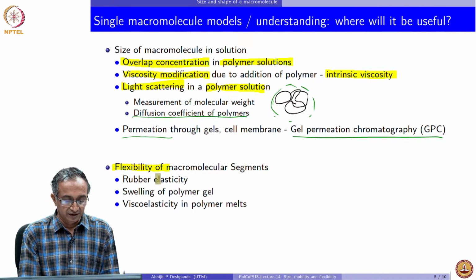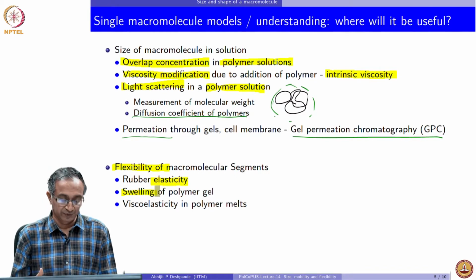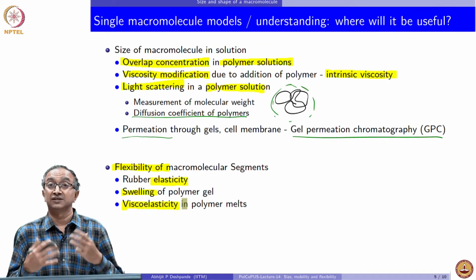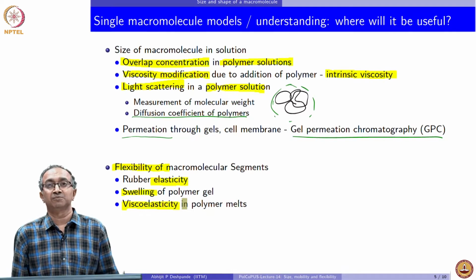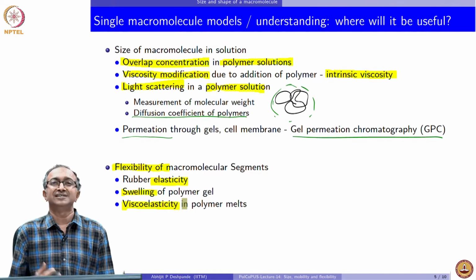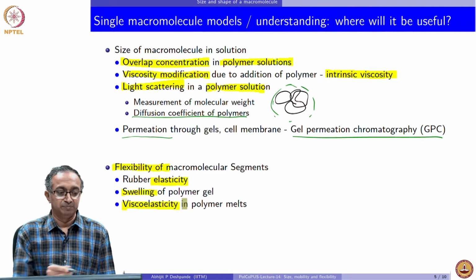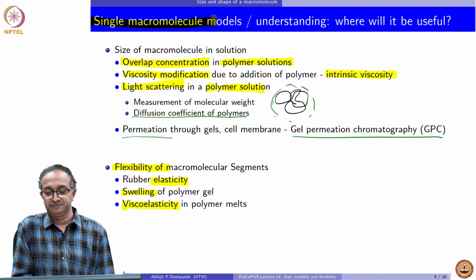So therefore, mechanical properties, properties of how much a cross-linked polymer can swell, how much a hydrogel can swell, and how dynamics of polymeric chains influences the damping behavior or the viscous dissipative behavior in a polymer, or in short, viscoelasticity of polymers. All of these are extremely important features that can be answered by just looking at single macromolecule models that we have described so far.